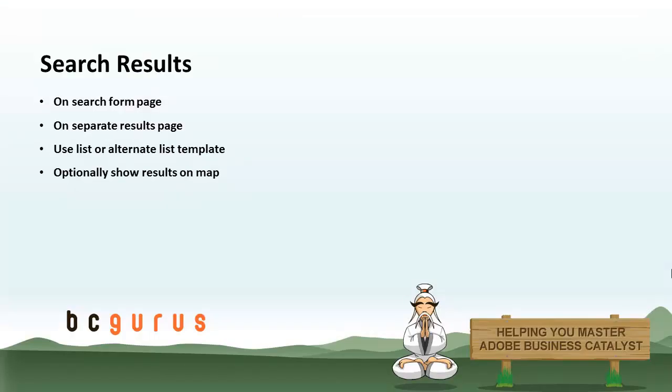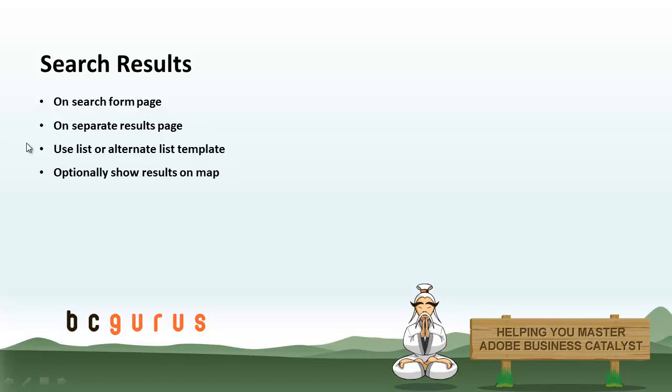When it comes to the search results themselves, you have a couple options. You can display the results on the same page that the search form exists on. You can also set up the search form so that it actually shows the results on a completely separate page. Sometimes you want that effect.